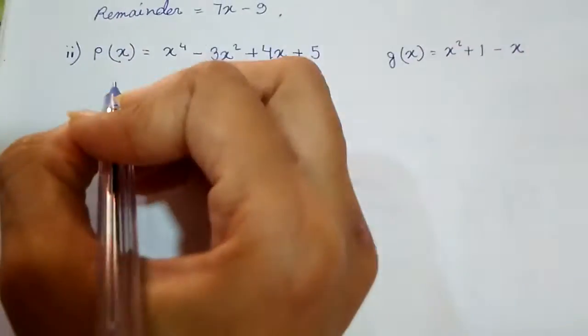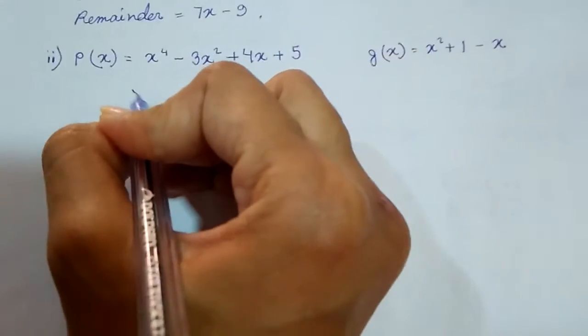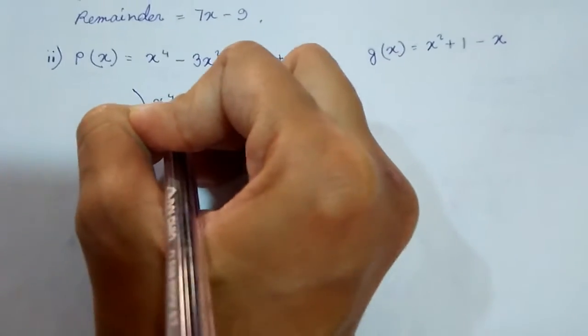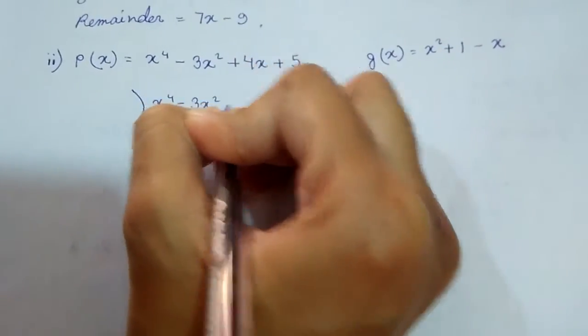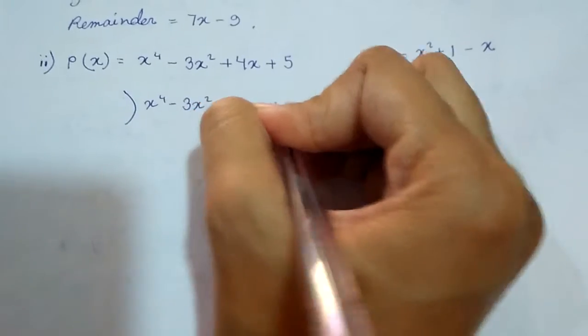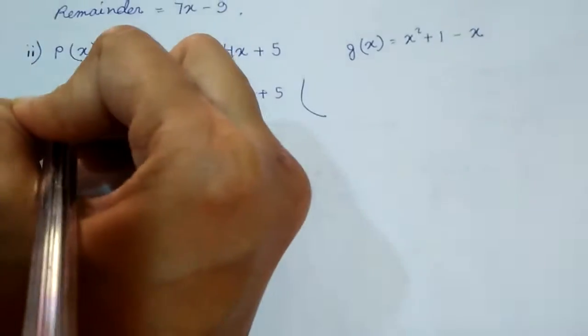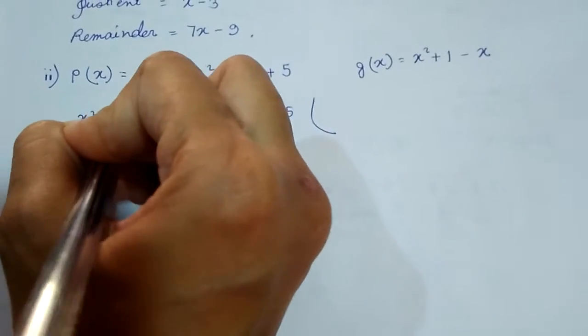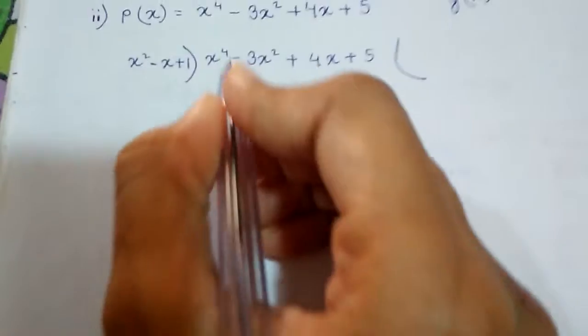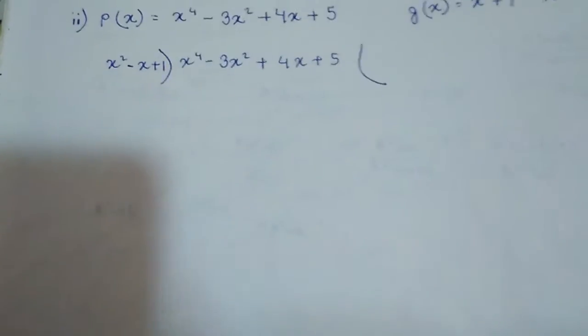Now this is question number 2. The same thing we will do here also. We just change it. We keep x in the middle and write it like that. Now x to the power 4 and x square. So it's simple.